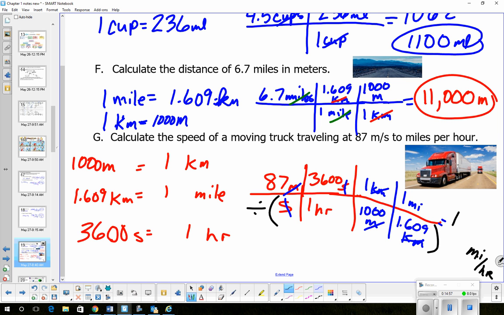194.7. Did I get that? I got 190. Do I have a different answer? I'm going to work this through because you guys are getting all kinds of weird answers and I don't believe it.